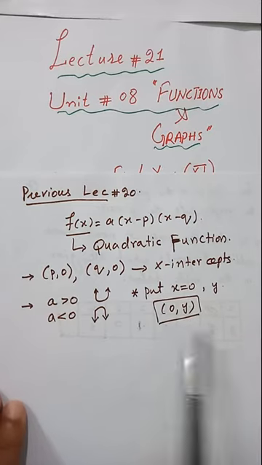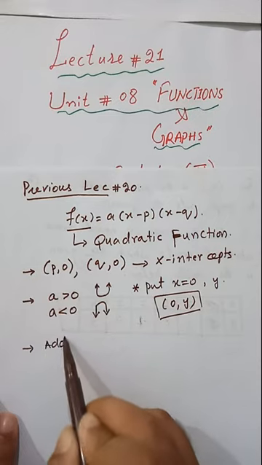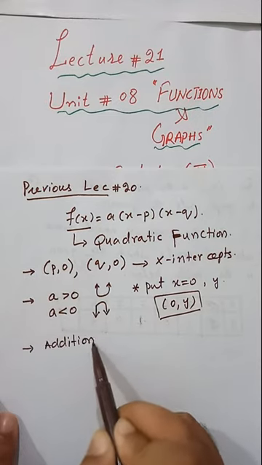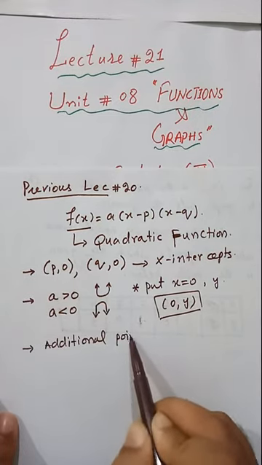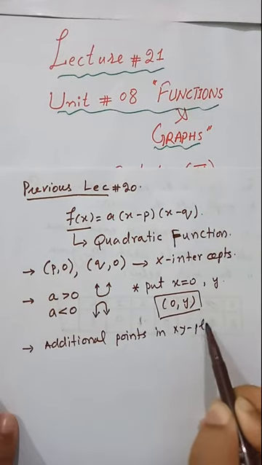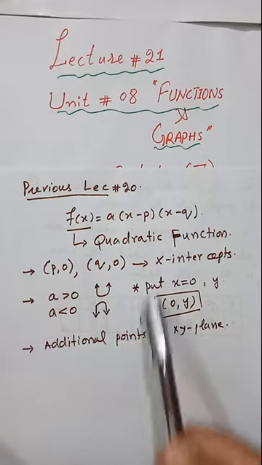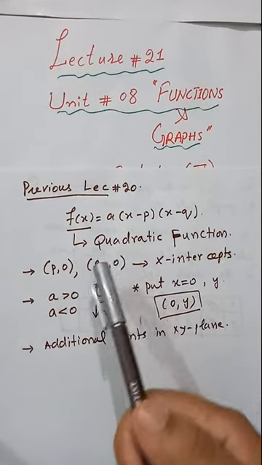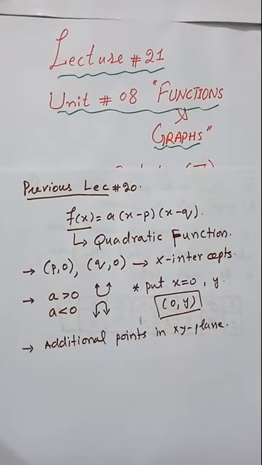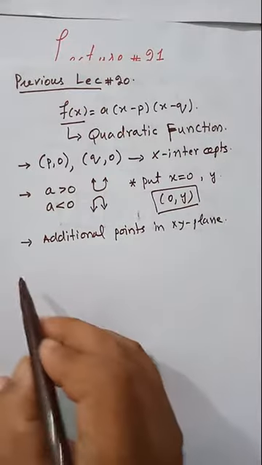And in the fourth step, we plot some additional points in the xy plane and then pass the required parabola through them. So with the help of these steps, we sketch the graph of the quadratic function which is given in the factorized form.